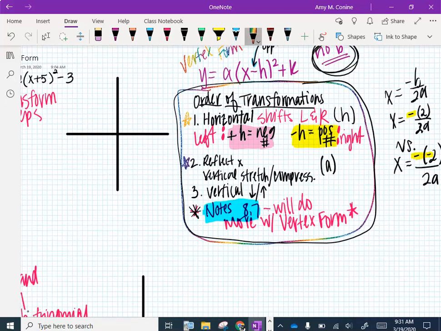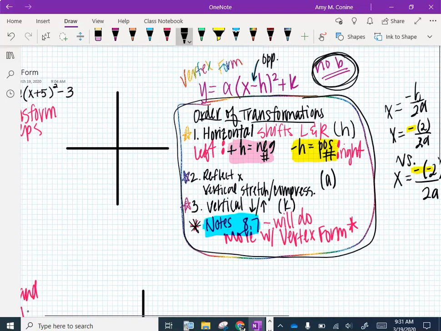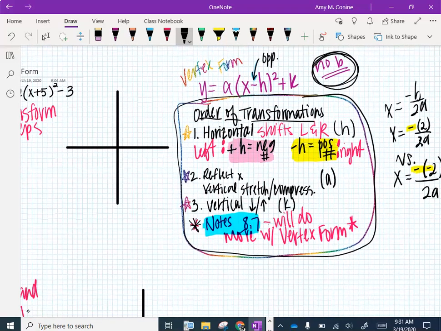So then the last step we're going to take is the vertical shifting, up and down, which is our K. Okay, so the K on the outside, that's a normal, whatever is there. If it's a plus number, it's a positive. If it's a minus number, it's a negative, and you go down.